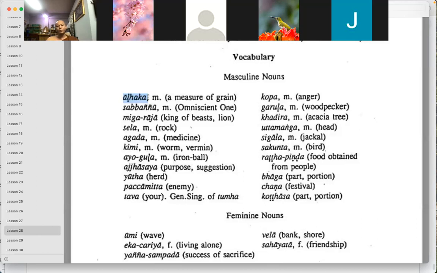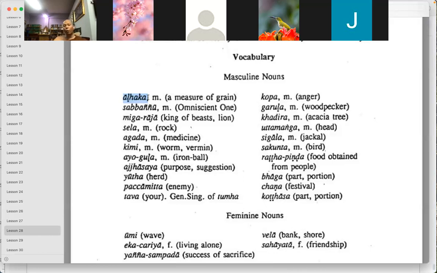Okay. And then Sabin, you omniscient one, that one we already covered. Miga means animals here. Raja means king. So Miga Raja, king of animals, king of beasts, that means lion. Apparently lion is the strongest among animals, so figuratively it is called Miga Raja or something.